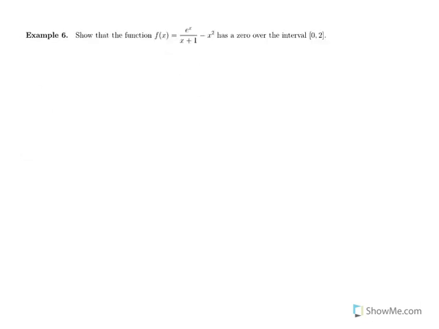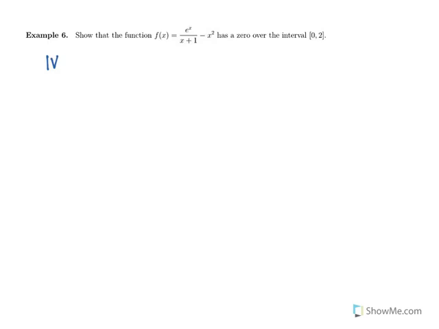All right, and last example, let's think about the intermediate value theorem. So an example of that is, let's show that the function f of x equals e to the x over x plus 1 minus x squared has a 0 over the interval 0 to 2. And here we're going to use the intermediate value theorem, and it may not be clear how we're going to do that yet.